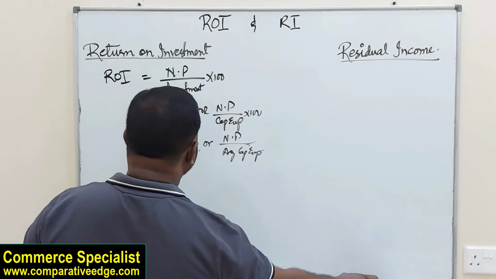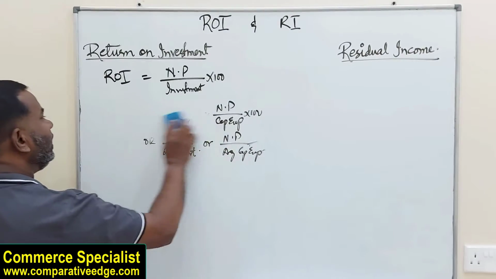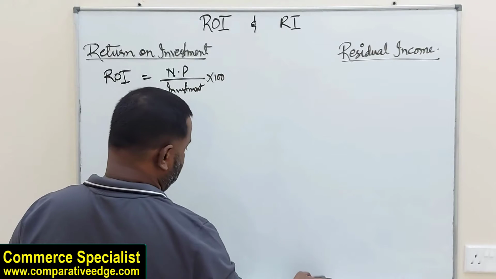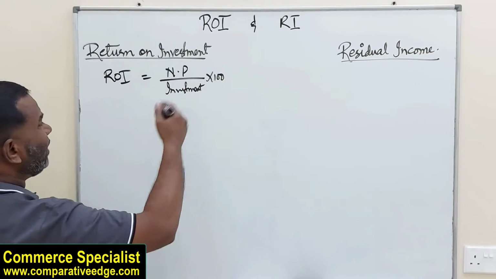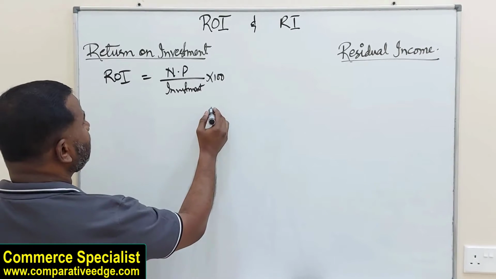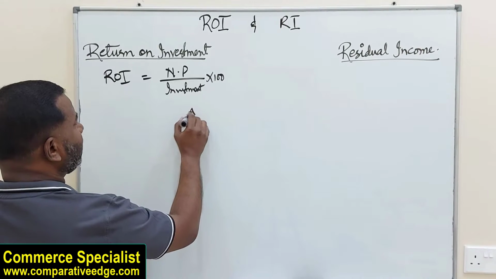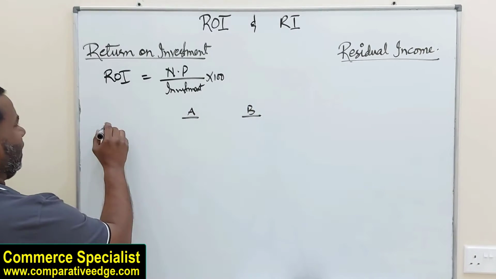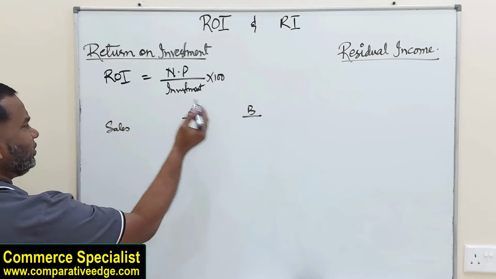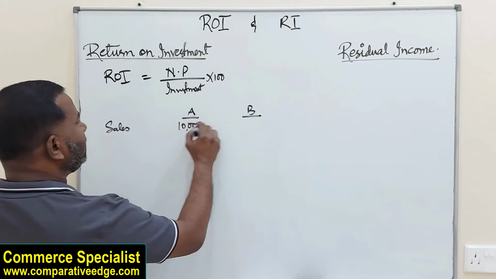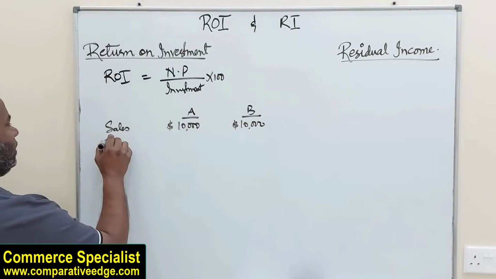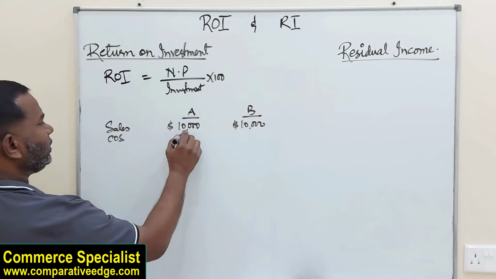So let's discuss what is the significance of ROI. I'm assuming we have two departments, let's say department A and department B. The respective sales, I'm just assuming 10,000 here, 10,000 here. Cost of sales or cost of goods sold is 2,000.